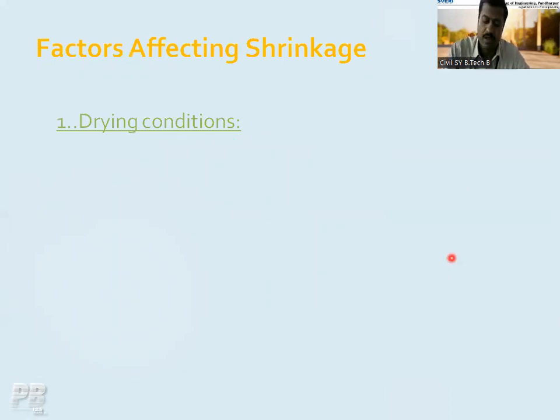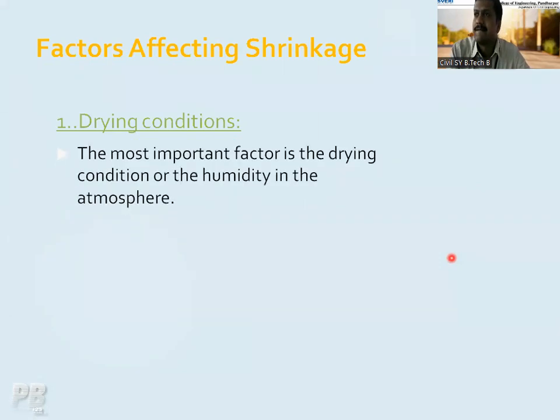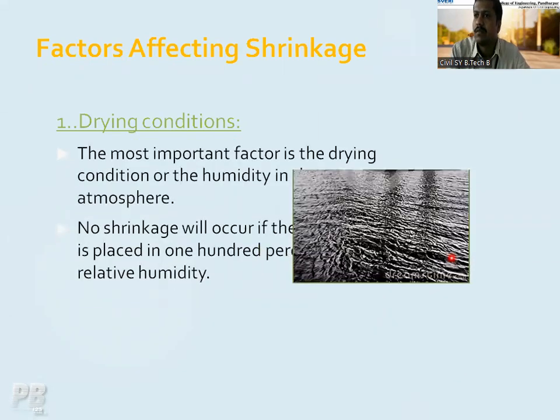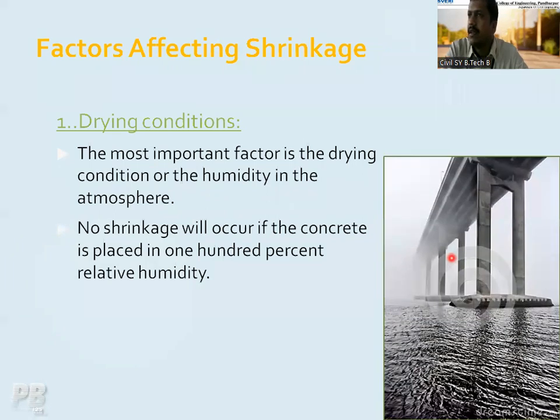First is drying condition. The most important factor is the drying condition or the humidity in the atmosphere. No shrinkage will occur if the concrete is placed in 100% relative humidity. But it is not feasible or possible to have 100% relative humidity.